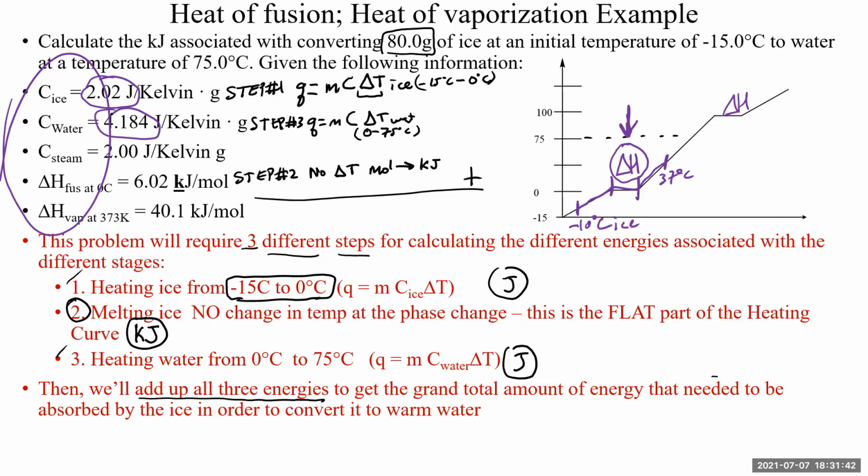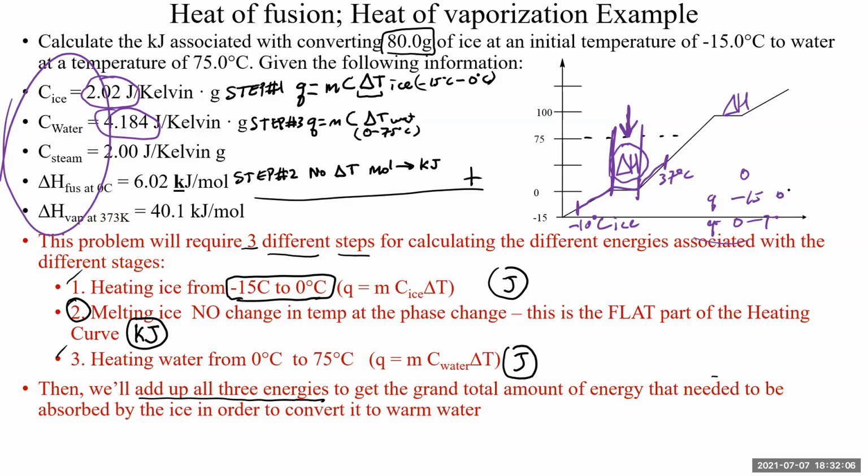You can't use both in the same calculation. You know you're going to have to stop at one point, but don't go, for example, negative 15 to 0, Q equals that, and then 0 to 75 for the other one, Q equals that, and add, or something like that. You have to specify the energy associated with every step along the way, including the phase changes.